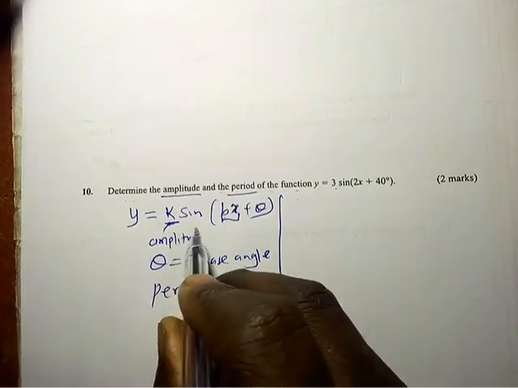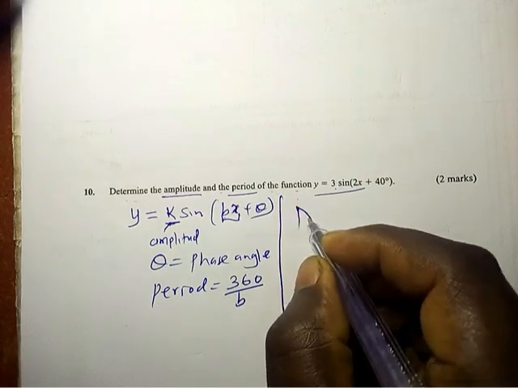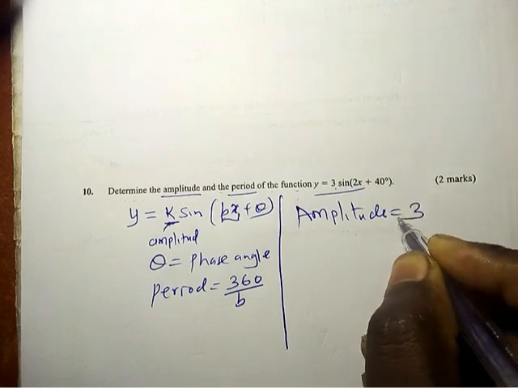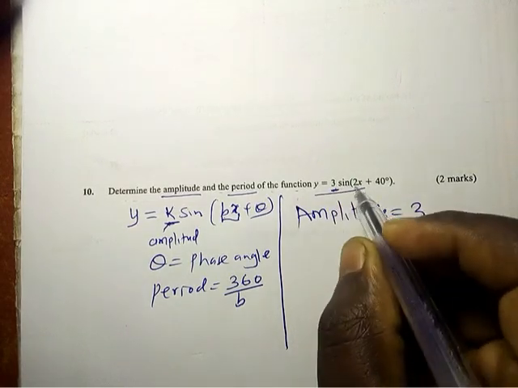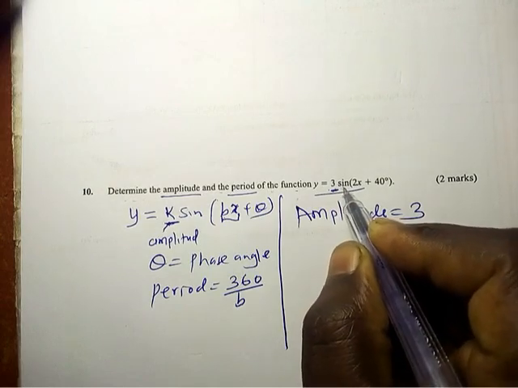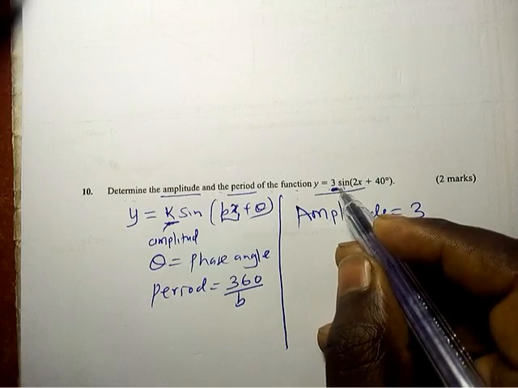That is now, in this equation, our amplitude equal to 3. This is the k. So it's the number which is the coefficient of sine or tan or cos, that is the amplitude. The coefficient is the number that comes before the sine.